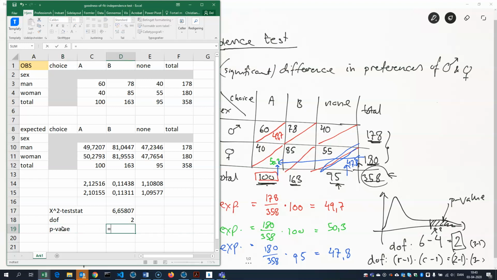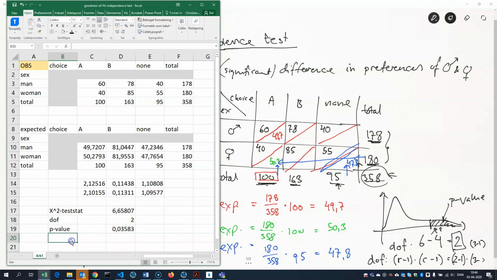And that's 1 minus, because it's an upper tail test, so it's 1 minus the chi-square. I believe it's CHISQ in English. Here it's chi2 for dating in Danish. And you insert the test statistic, the number of degrees of freedom, and then you write true, or in Danish cent, to get the cumulative distribution. And we get a p-value of roughly 3.6%.